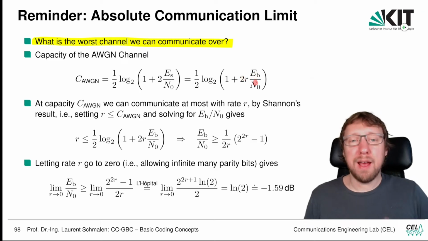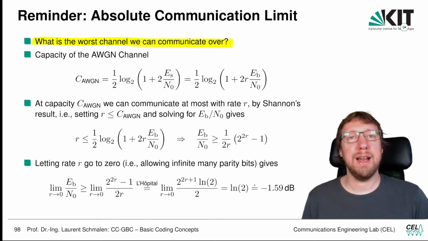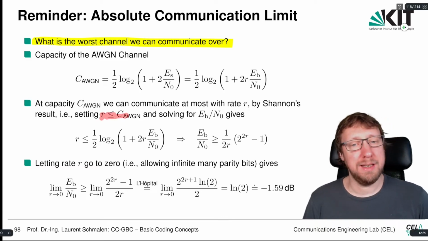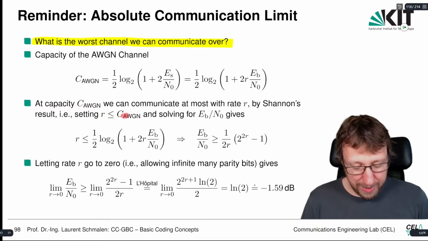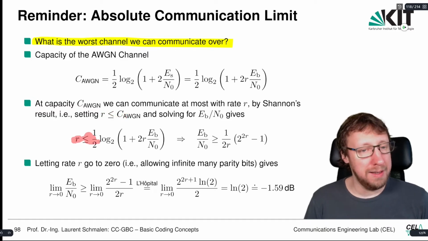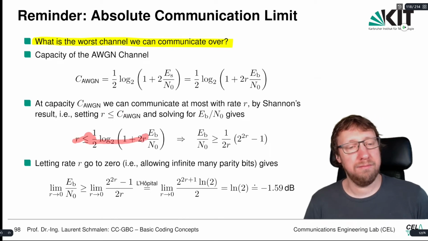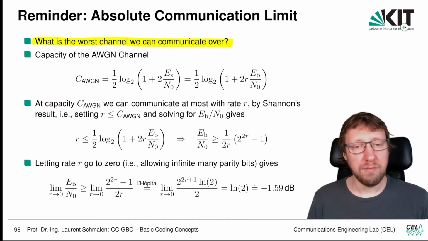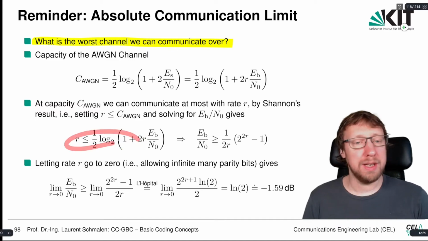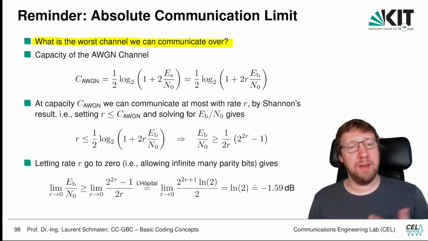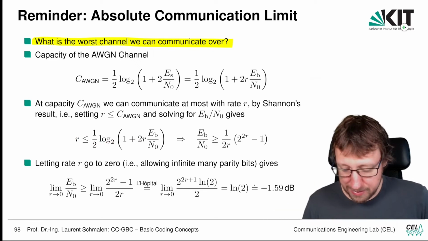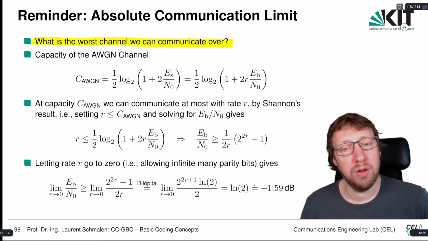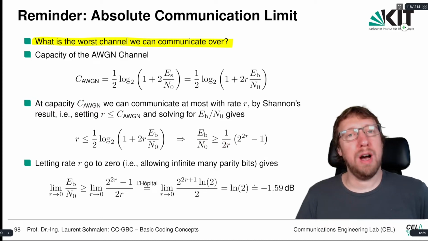If we have capacity, we can communicate at most with the rate, so the rate is smaller or equal than the capacity. And here we have a rate as well. Now we solve this expression for EB over N0. Just rearranging this a little bit, try for yourself if you can do this rearrangement, gives us that EB over N0 should be larger or equal than 1 over 2R times 2 to the power 2R minus 1.